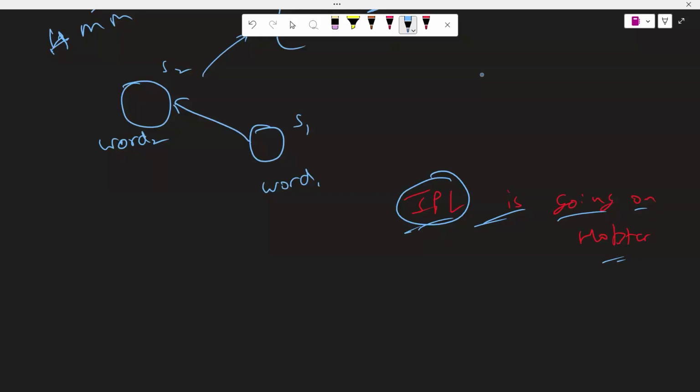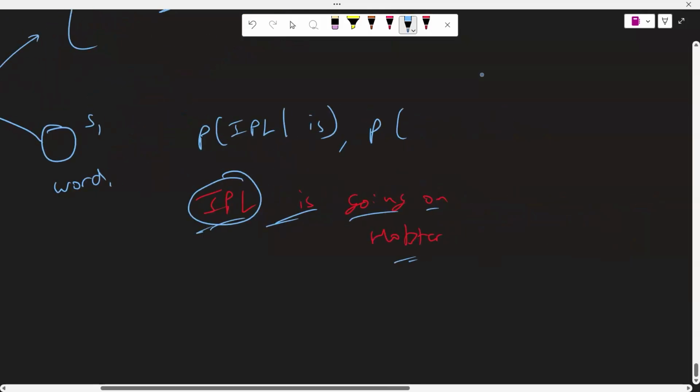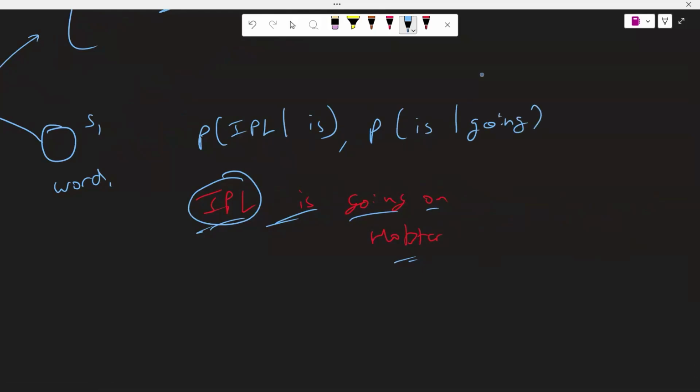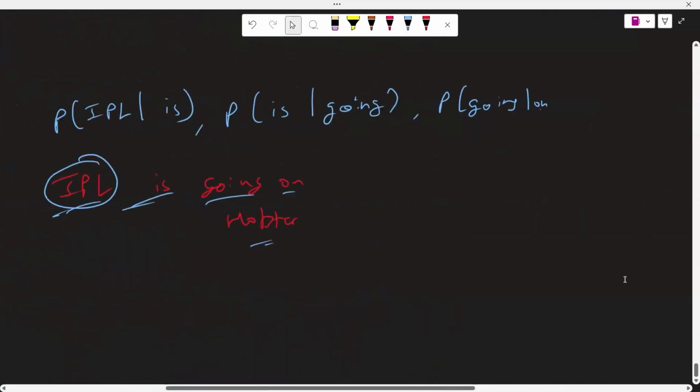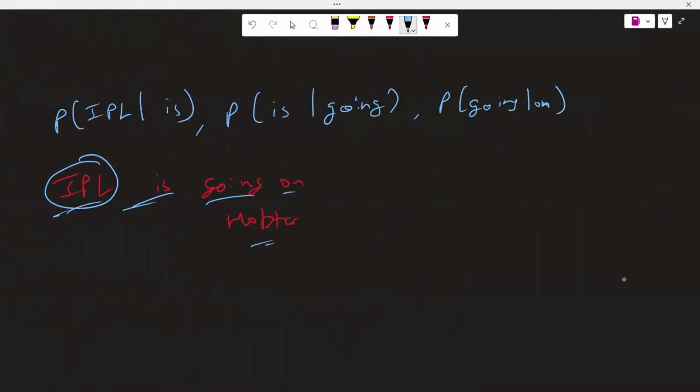So you would have found out the probability of IPL given is, the probability of is given going, the probability of going given on, and one more probability that you would have found out over here is the probability of on given Hotstar.